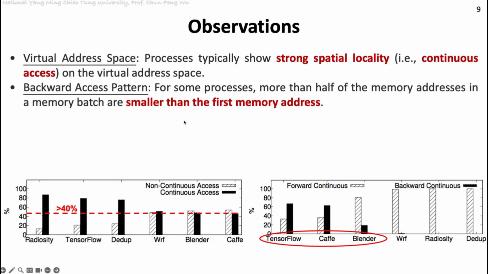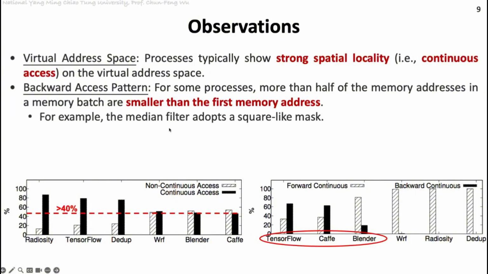So it is possible to access some addresses smaller than the current one, especially for applications that have this kind of square-like mask. So for some applications they show backward continuous, but for some there is no backward. Most of them are forward continuous. So the thing is how to provide this kind of information to do the prefetching.